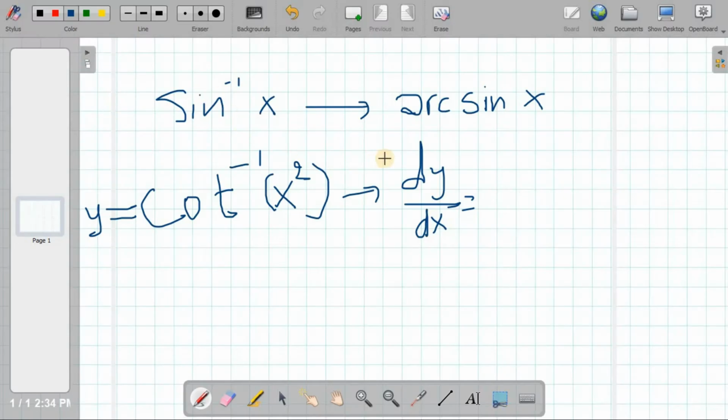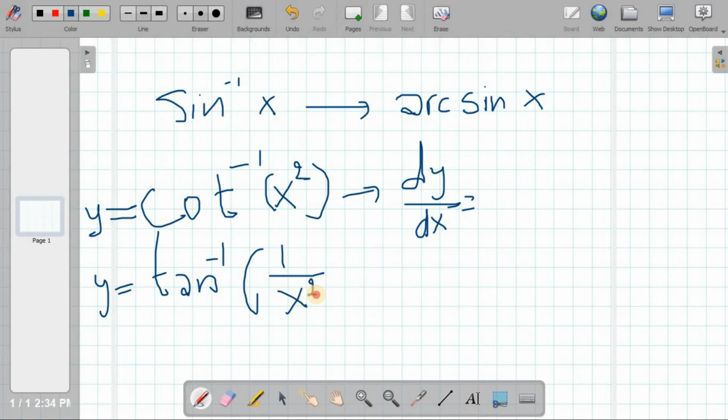To change cot to tan, in this case, we can change that y to tan minus 1, and then our function now is going to be 1 over x squared. This is how you transform this question. This is how you transform the cot minus 1.